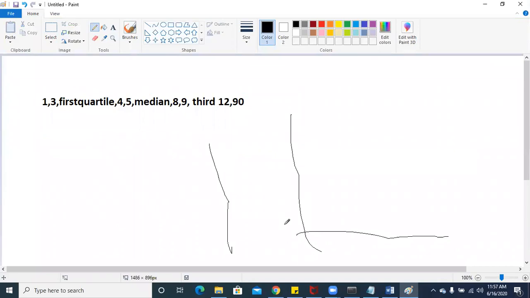I have 1, 2, 3, 4, 5, 6, 7, 8, 9, 10, 11, 12, and somewhere around 90. Now, what is the minimum number in this data? This is 1. So the minimum is 1.